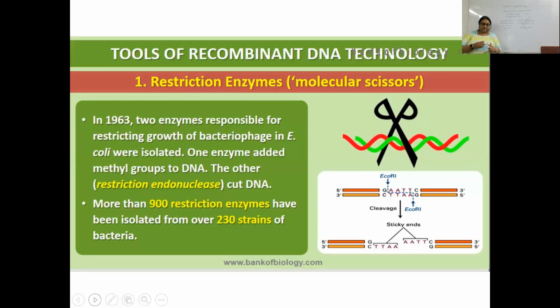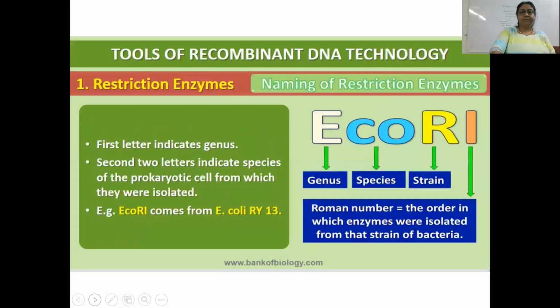The second discovered restriction endonuclease from E. coli will be known as Eco R2. Okay. So these are different types of restriction endonucleases available.